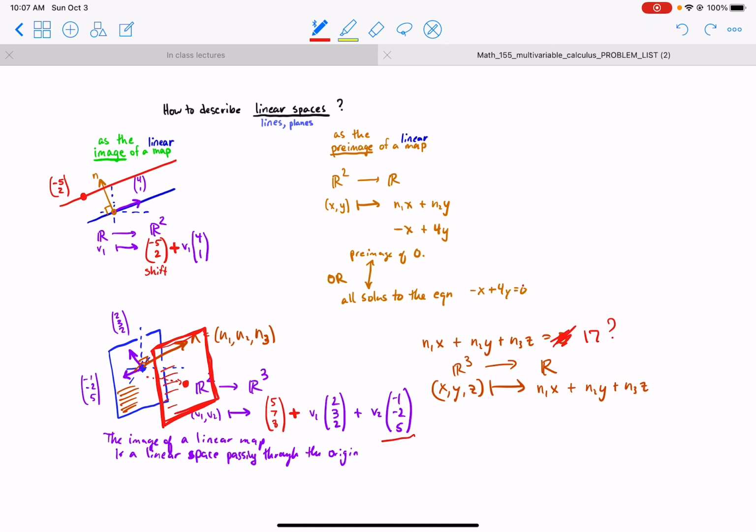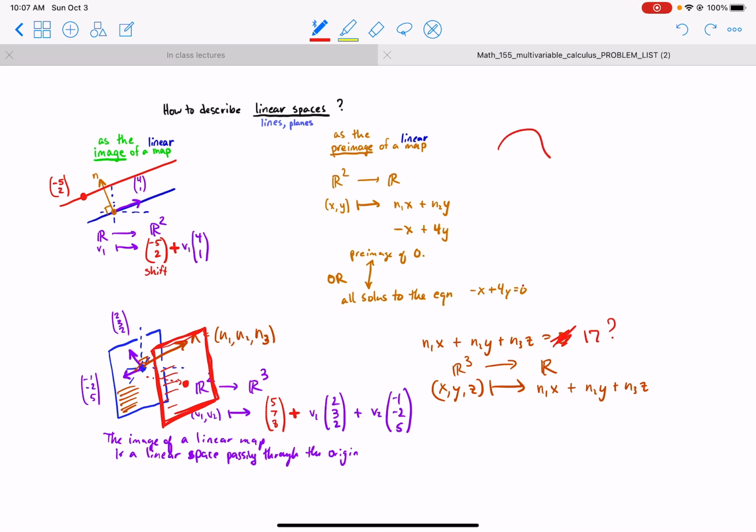The formulas might be scary, but it's just linear combinations of vectors that move you in that linear space. Right? This purple vector moves you along the line. These purple vectors move you inside of that plane. And then if we want to shift, we have to figure out a point on that shifted line. Oftentimes we will know that point already. And if we want to shift over here, we need to figure out what number to put on the right-hand side of our equation. And this is how you describe linear spaces.